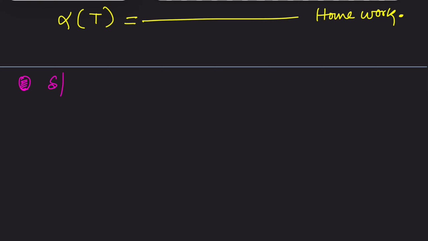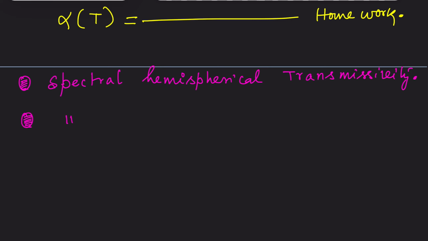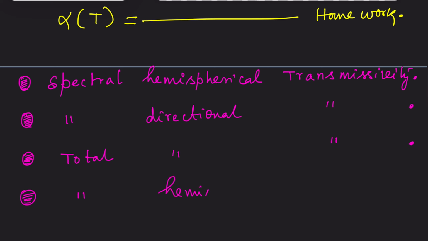So all the combinations: spectral hemispherical transmissivity, then comes spectral directional transmissivity, then comes total directional transmissivity, then comes total hemispherical transmissivity, all the things.